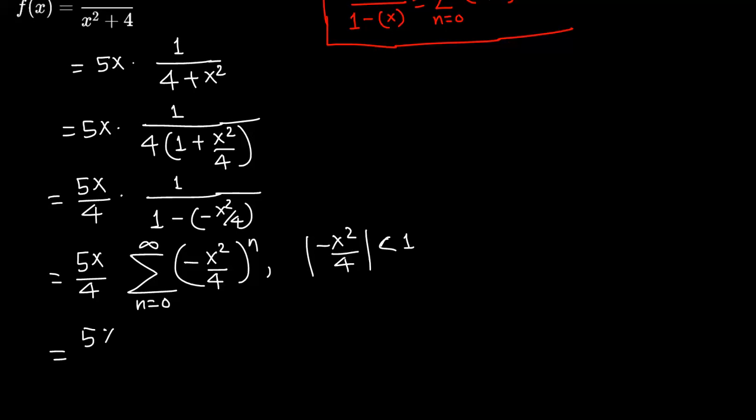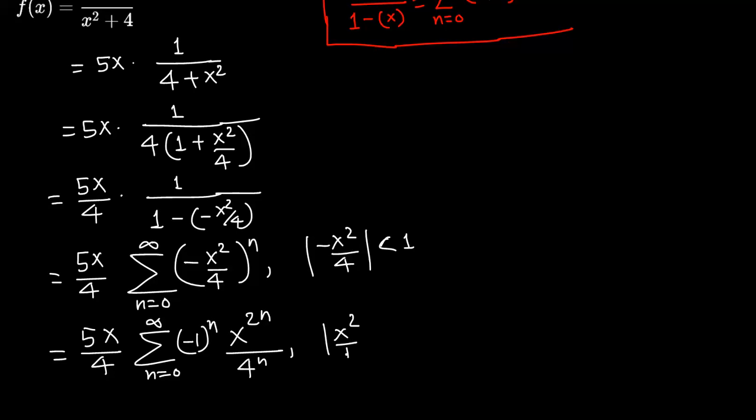This is 5x over 4 outside, sum n from 0 through infinity, of negative 1 to the n, x squared to the n, meaning x raised to 2n, over 4 raised to n on the bottom. Here the absolute value of the negative is the same as the absolute value of the positive thing, because when we get rid of the absolute value we want a positive sign, so this negative doesn't matter. The same thing, less than 1.